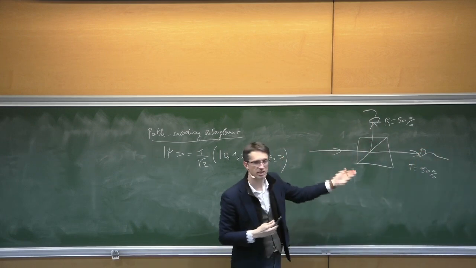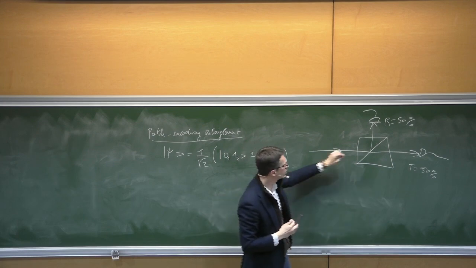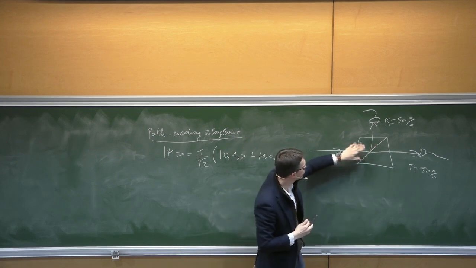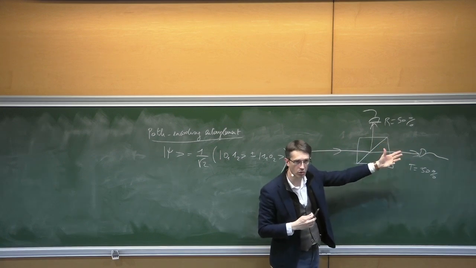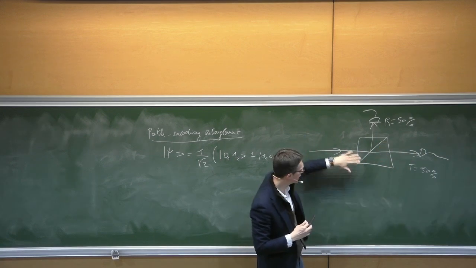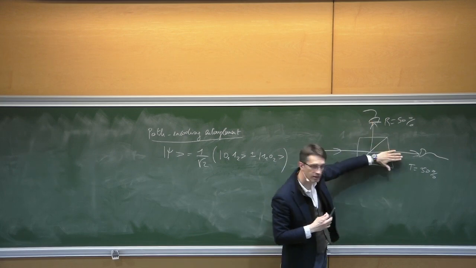But a single photon cannot split into 2, so it will be seen either here or there, but in general it will be in a superposition state of being there and there.